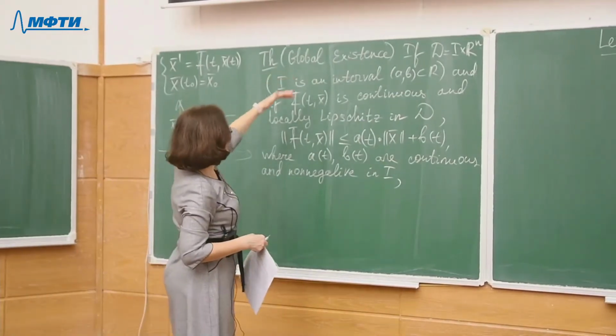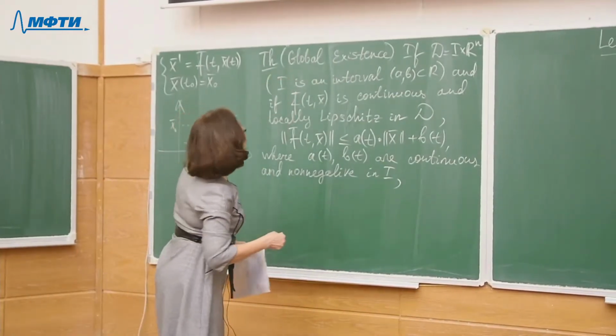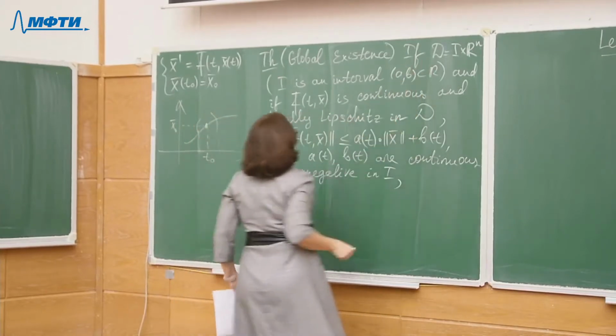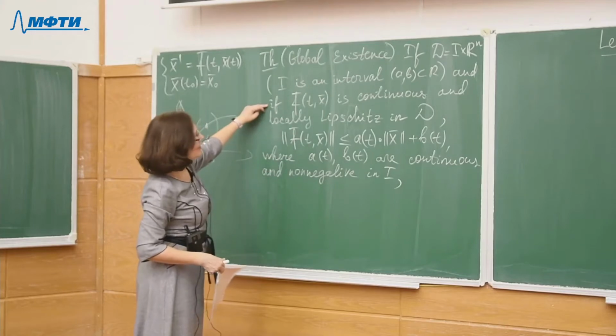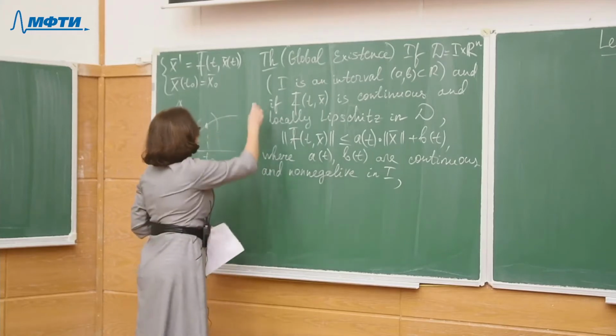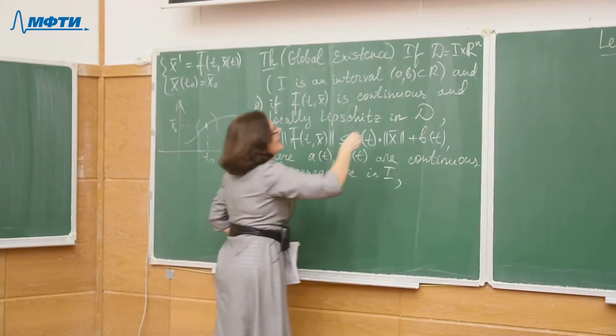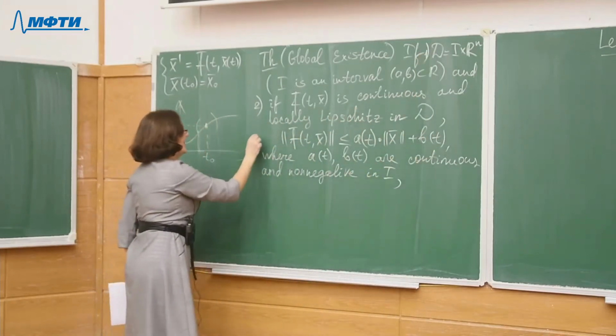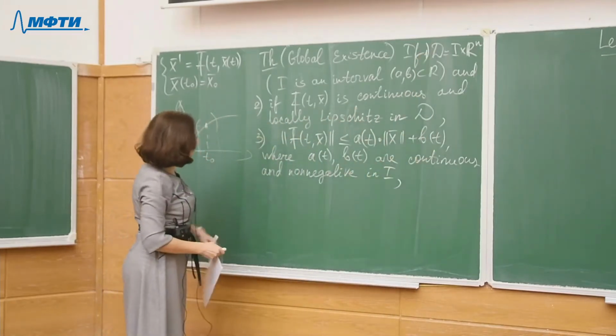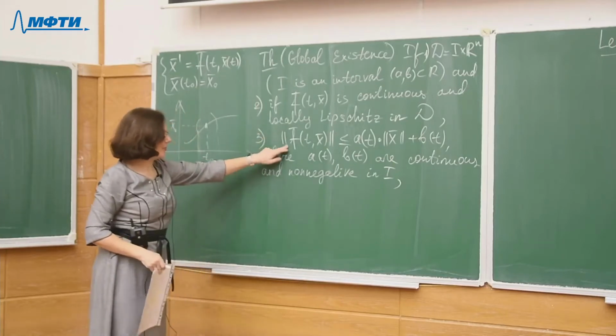If this. So the first part: D is this, I times R^n, f is continuous and locally Lipschitz. The first condition, the second condition, then the inequality.